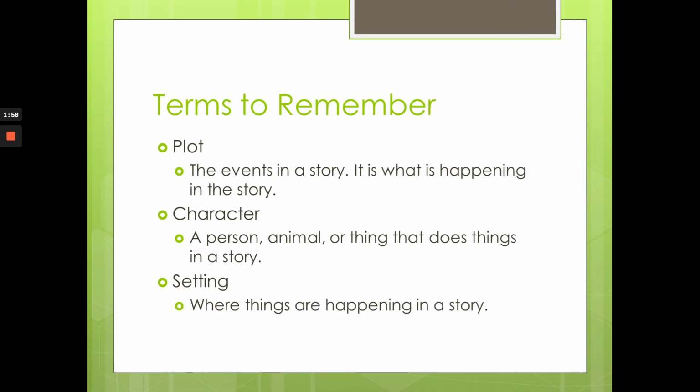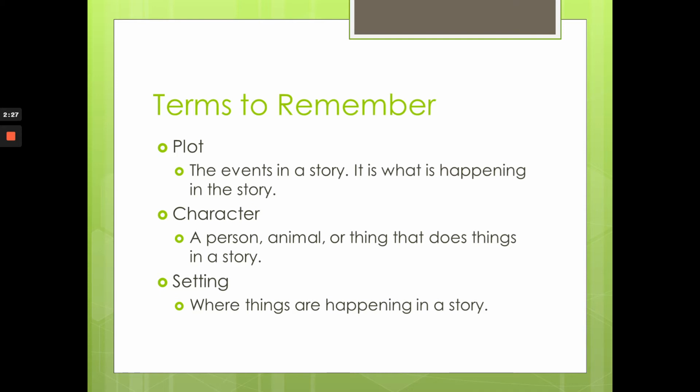Our last term to remember that helps build our background knowledge is called the setting. Everybody say setting. And the setting is where things are happening. All right, stop repeating me. So the setting, just like we just said, is where things are happening.